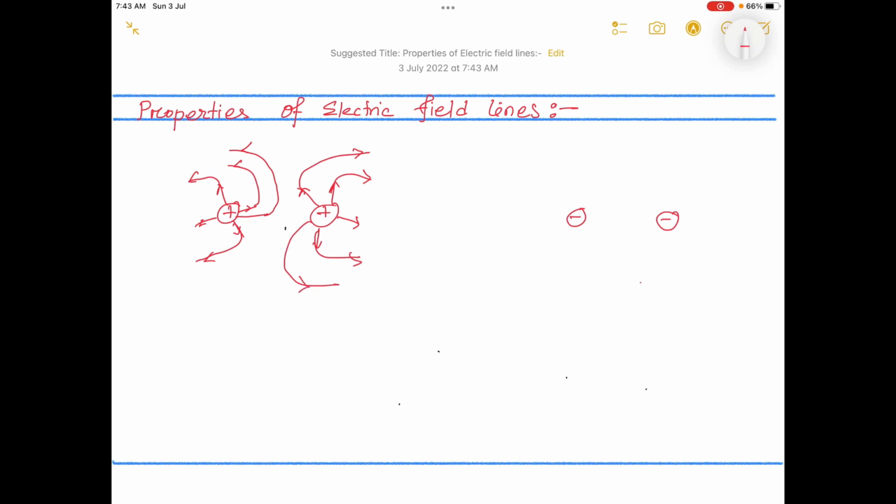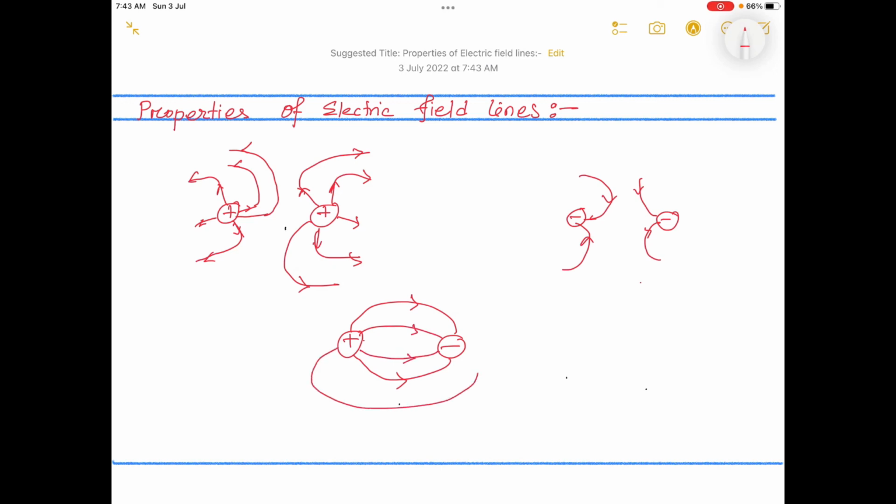This represents nothing but repulsion. Similarly, in the case of negative charges also, you will see this scenario. This represents repulsion. If they are unlike charges, positive and negative, the scenario should be like this, from positive to negative.